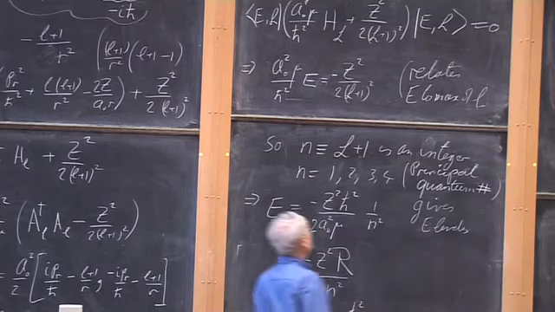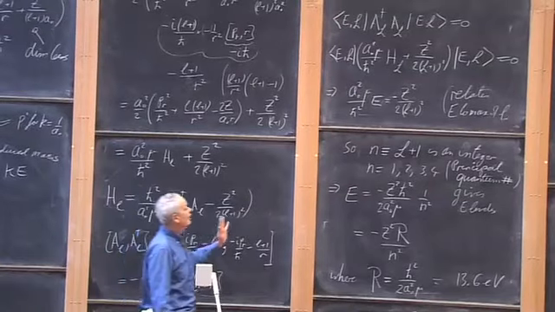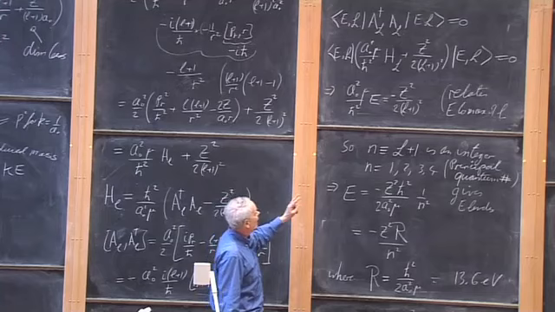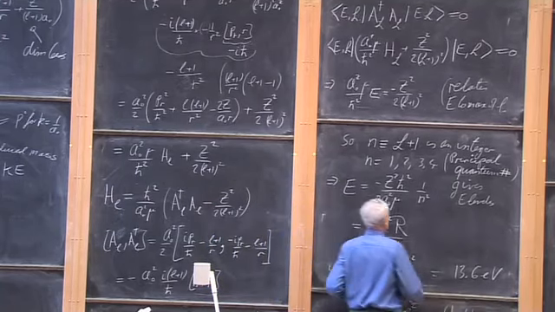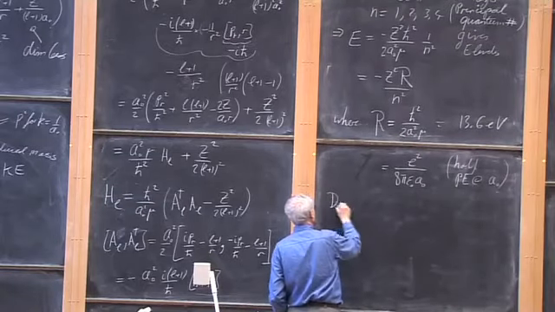So in these hydrogen-like ions, we've discovered that there are a whole series of distinct states which have the same energy and different angular momenta. So let's talk a bit about degeneracy.